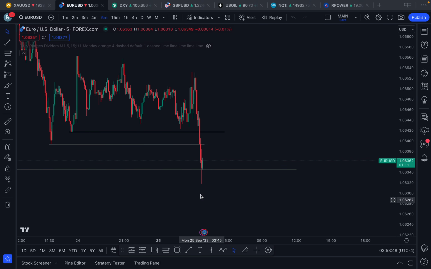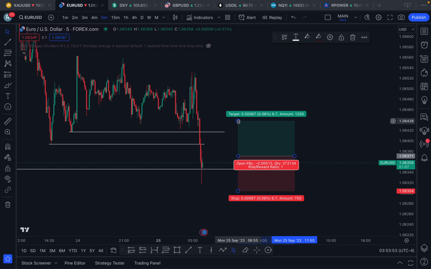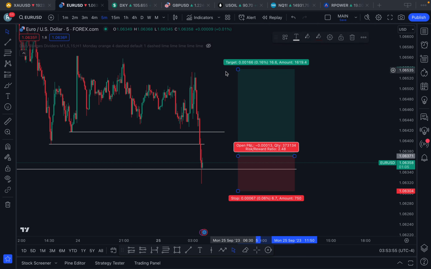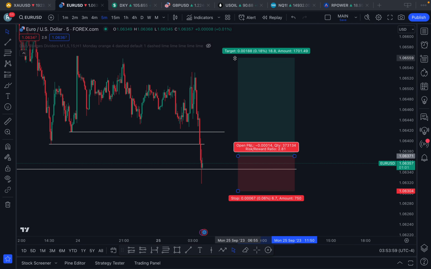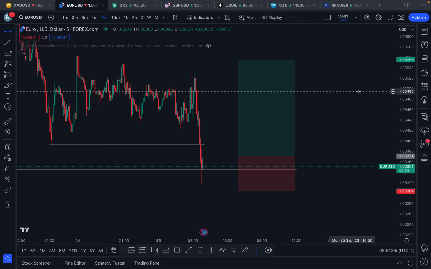The profits will be taken. The profit target will be this high, and that's 16 pips. I'll take this high as the profit target. Okay.